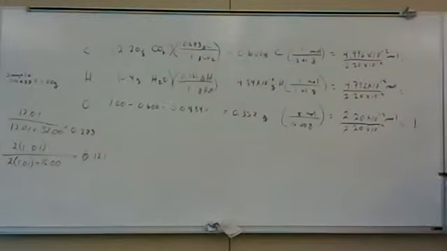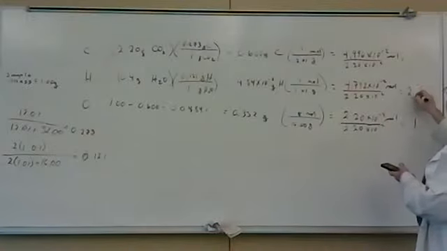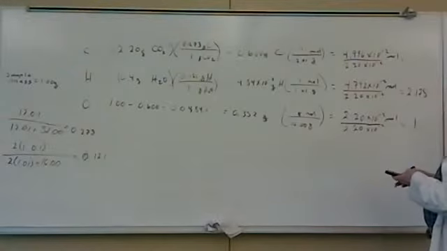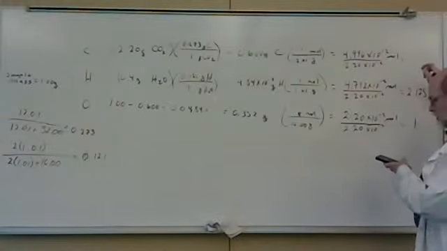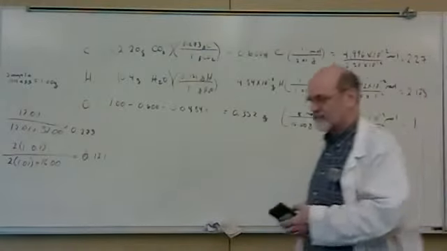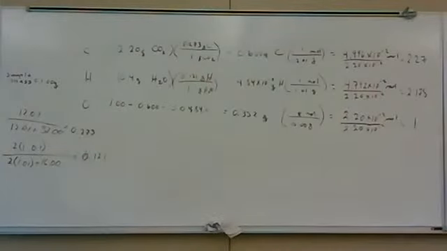And this one is 2.178. And this one is 2.27. Okay? So the next thing we have to do is find the simplest whole number ratio out of this whole mess.